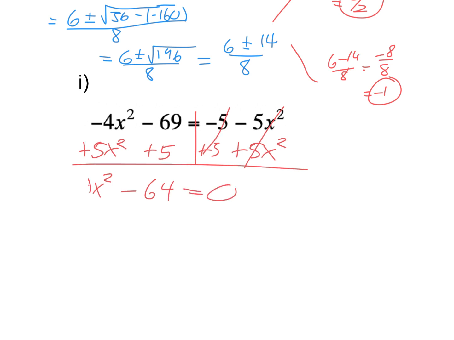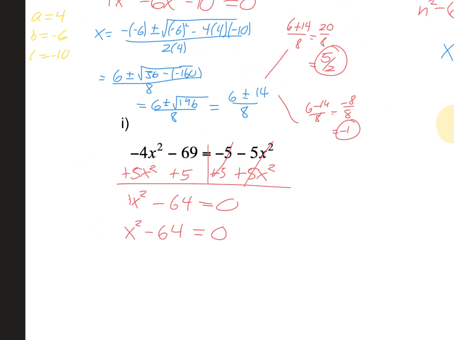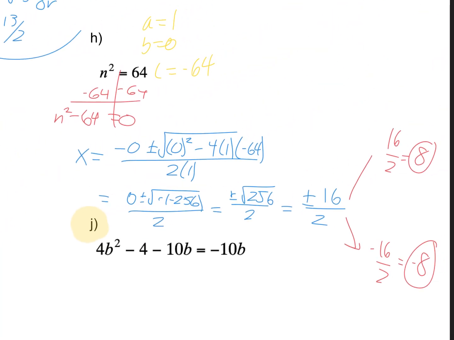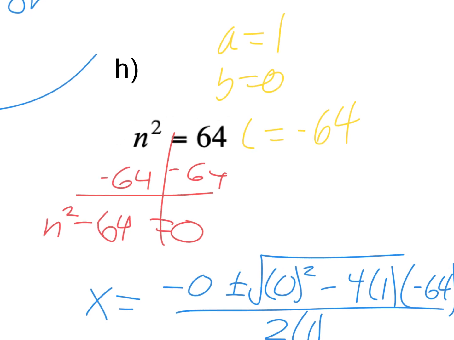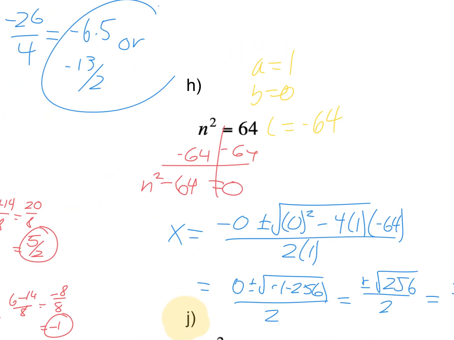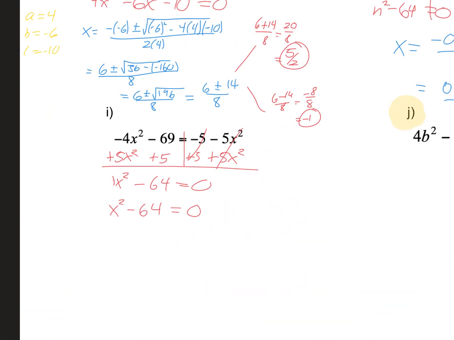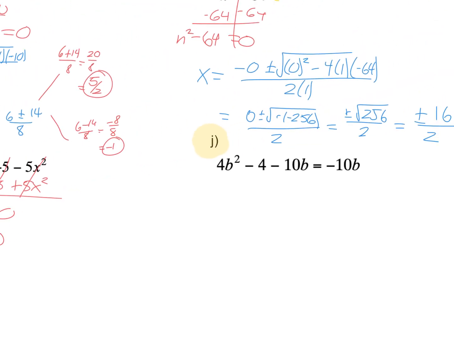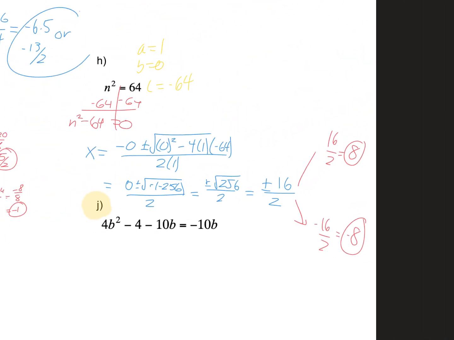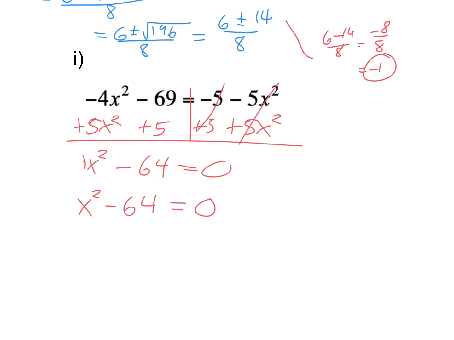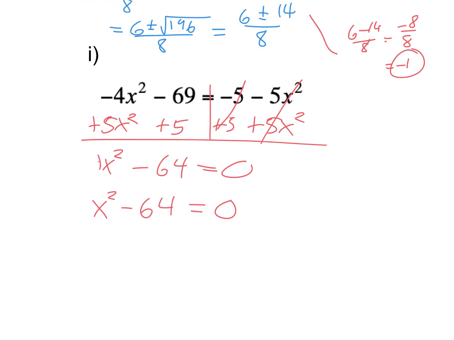So at this point, you may have noticed this looks extremely familiar. I guess I'll just turn this into an x squared to kind of emphasize. So x squared minus 64 equals 0. That is exactly what we had in our last problem. We just had a different letter. We had n squared minus 64 equals 0. So the rest of this problem is actually going to be exactly like this one, but we just got some practice simplifying our original equation.